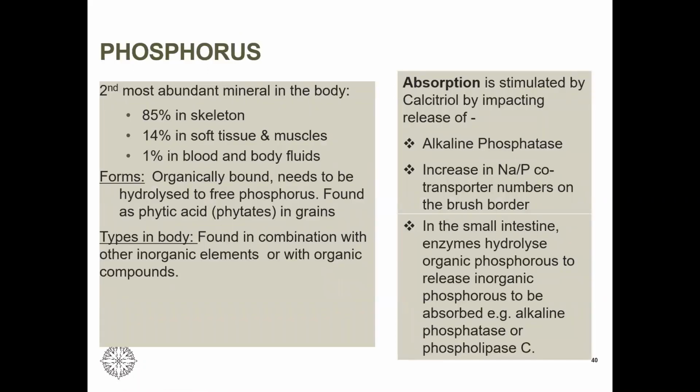So moving on to phosphorus, the second most abundant mineral in the body, and it is present in various forms. When we are talking about our greens and grains, and saying that they are really good because they have fiber, at that time we are also saying that their outer cell layer has got phytates and phytic acid. That is where phosphorus may be present.